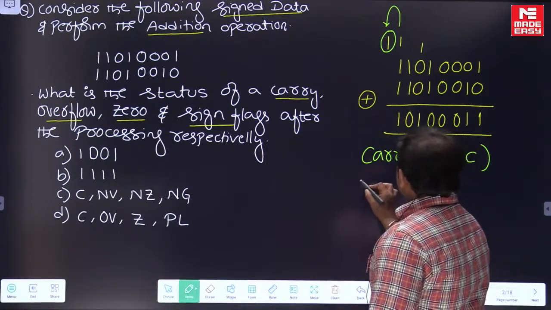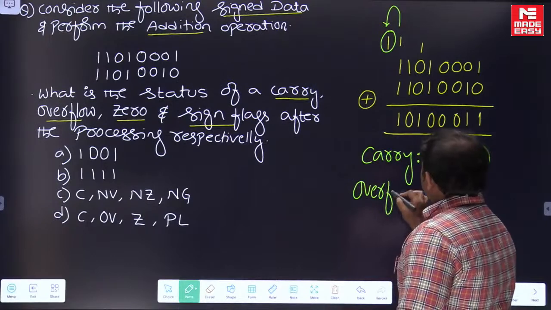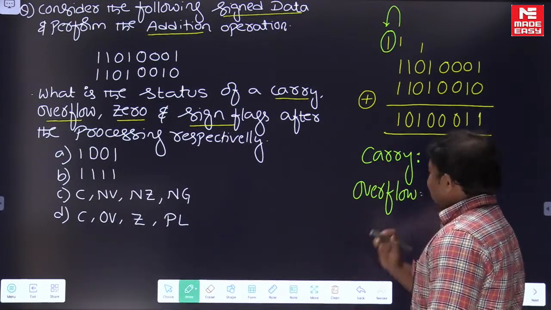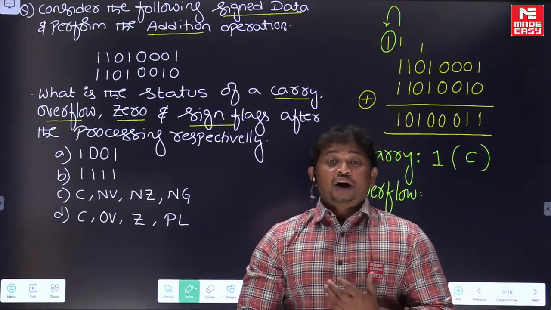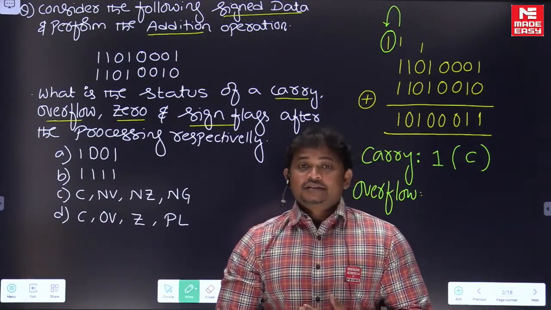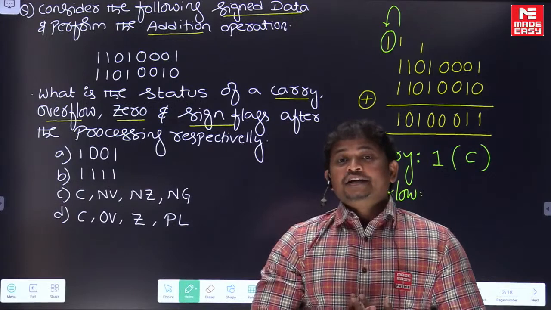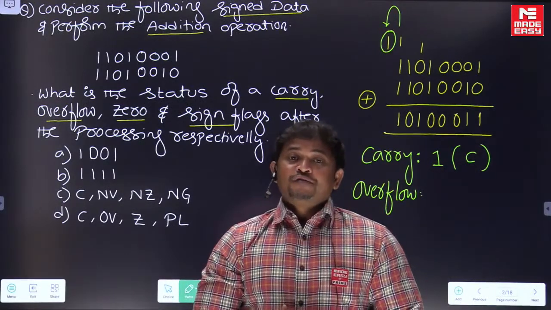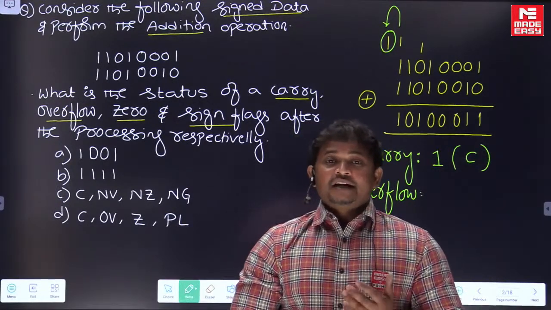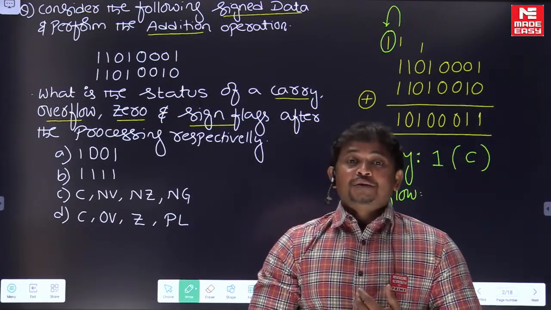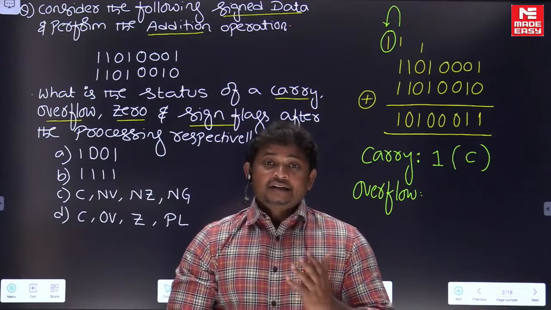Alright. Next, overflow. The overflow flag condition is there is a carry into the MSB and no carry out of the MSB, or vice versa. This is the condition of the overflow flag. So after the data processing, verify the condition. When the condition is true, the flag is set, otherwise the flag is reset.